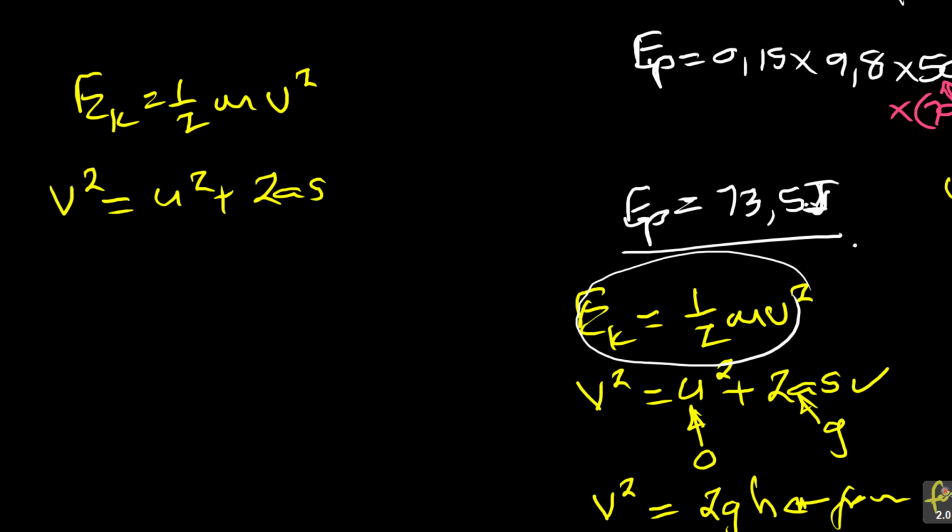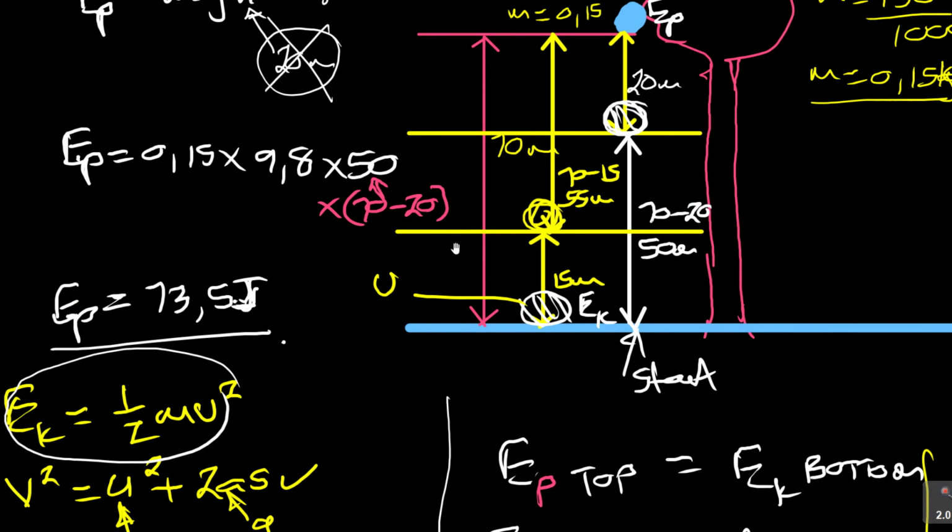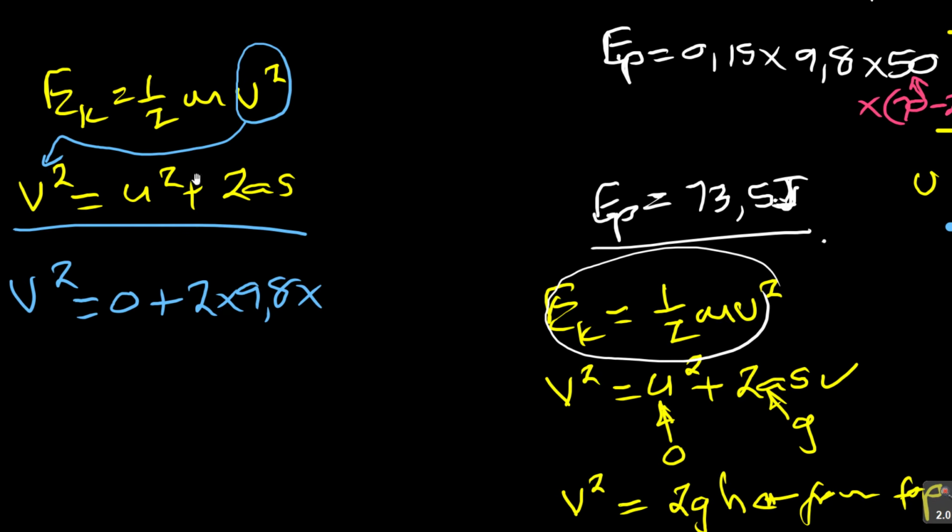So I can actually focus on finding v squared. This formula can find me v squared. V squared is equal to, remember, u is 0, plus 2, and then my g is 9,8, and my s, which is the distance it has fallen at the bottom now, from 0 to 70 meters. Still the same distance, so you put 70 there.